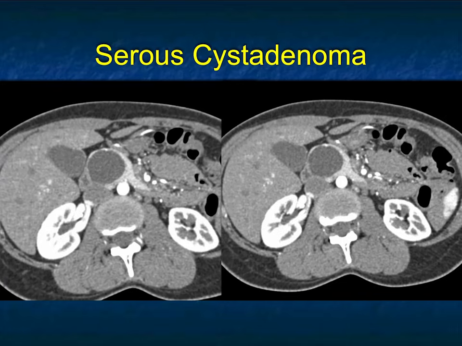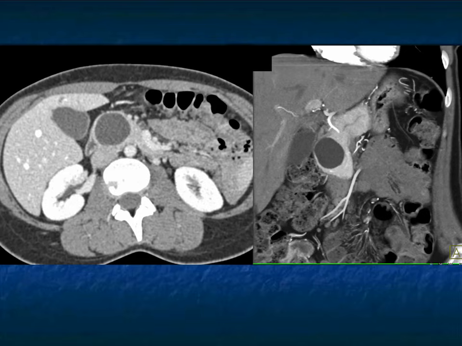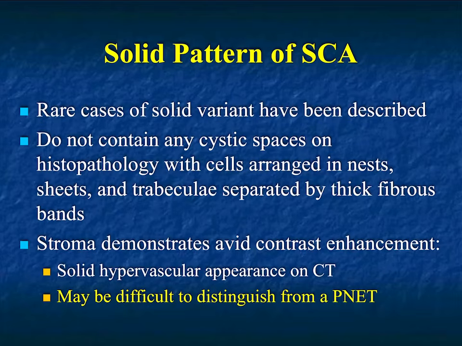It could be a large IPMN, so you'd have to do EUS. This was a serous cystadenoma, well defined, water density, no dilated duct, no septations, but you can't just make the call. You could put it in your differential, but you need to work the patient up more.